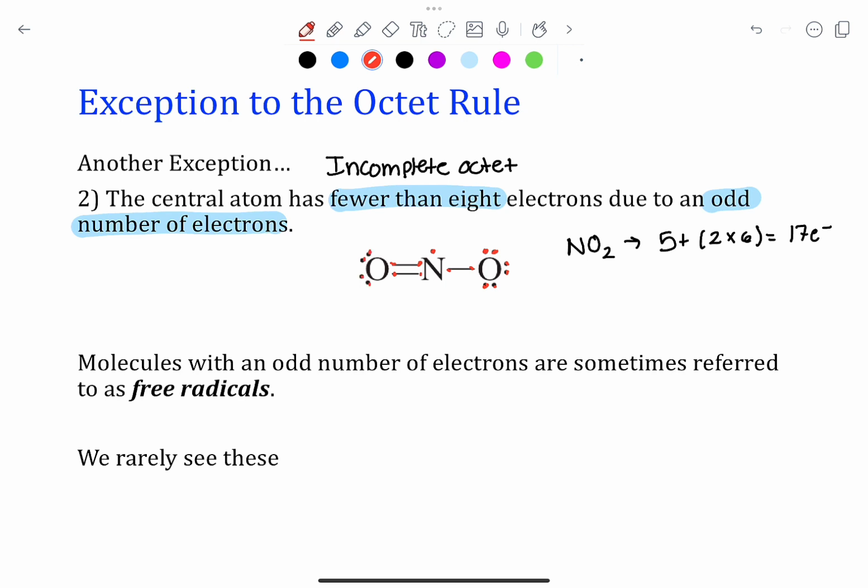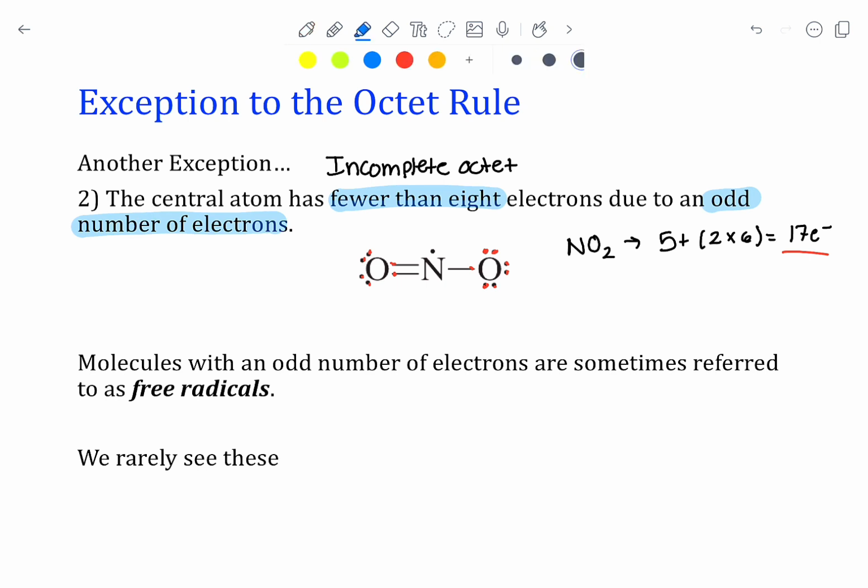So I've accounted for all 17 electrons. I've followed my rules for bonding in this structure. Okay, my rules for Lewis structures here. But I just have an odd number of electrons in my total number of electrons. So 1 electron just won't be paired up. So that's the 1 electron on the nitrogen.